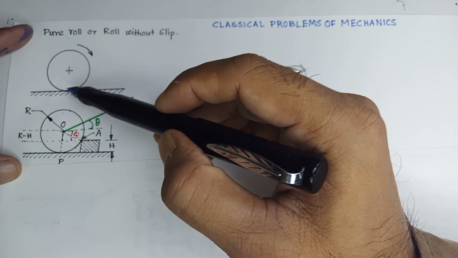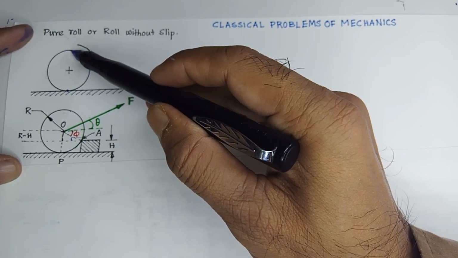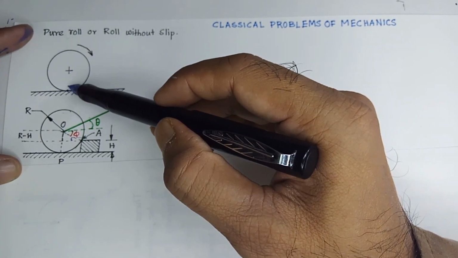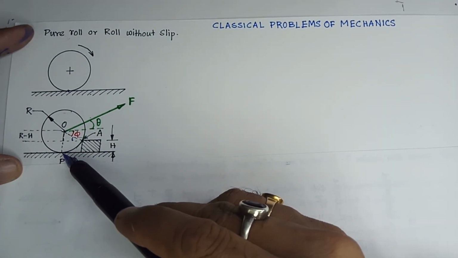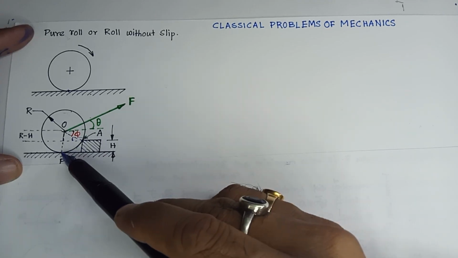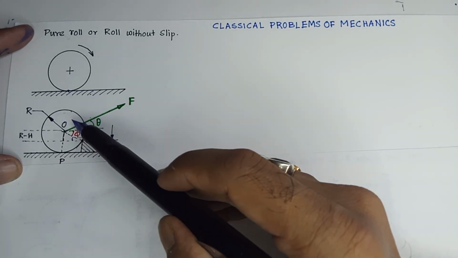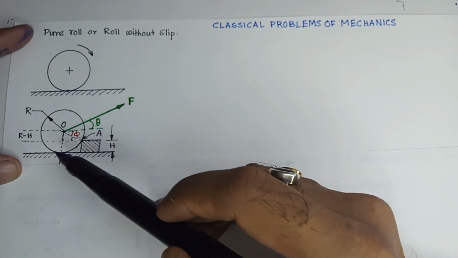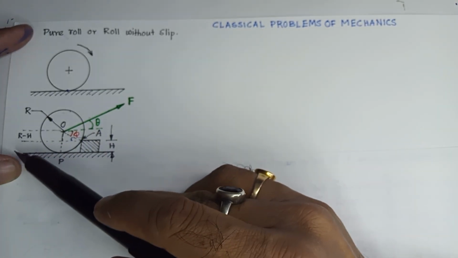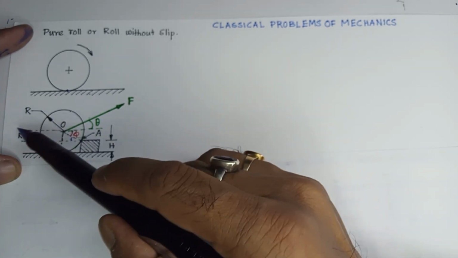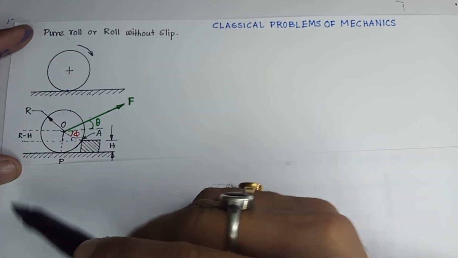Zero relative velocity means if the surface is static, then the point of contact on the roller will also have zero velocity. But here you see that at this instant, there are 2 points where it is touching the ground. Now as it tries to move further, before touching the obstacle, when it was rolling in the direction from left to right, always the point of contact at the ground was having zero velocity.